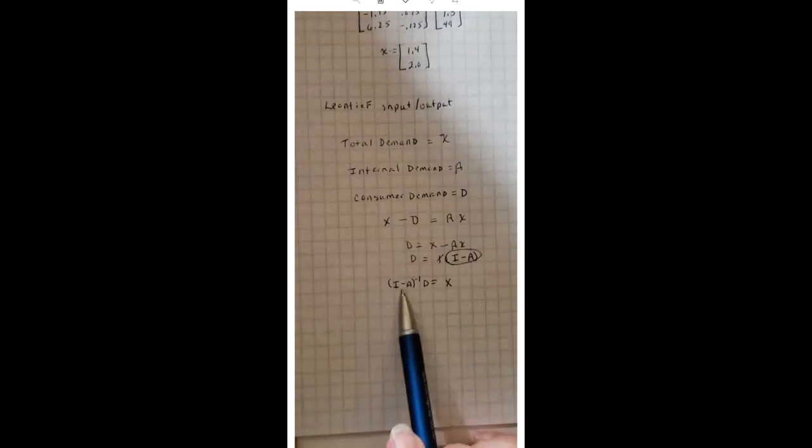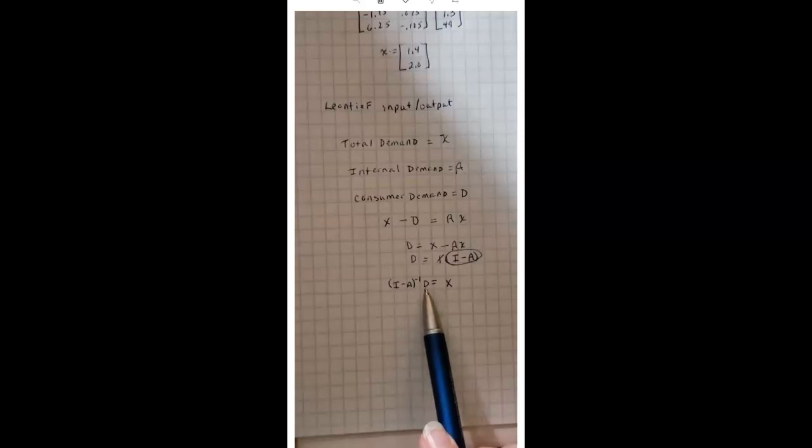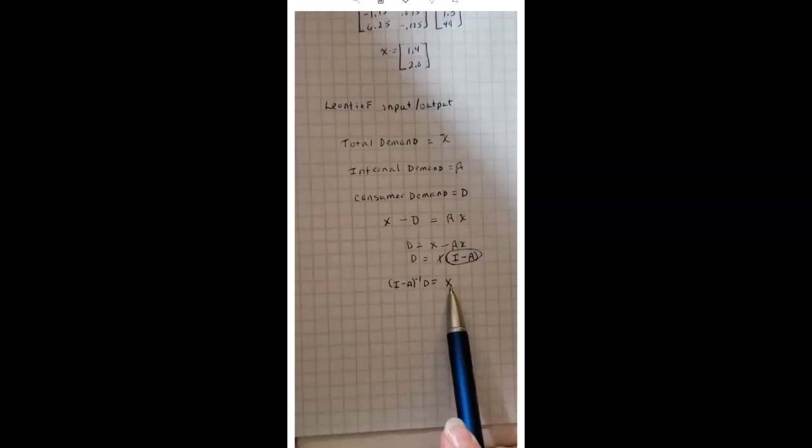And then I have to meet the consumer demand, which is 36 and 44. So I go back to my idea of the Leontief input-output method and use the identity matrix minus A and its inverse times the consumer demand to end up with the total demand.